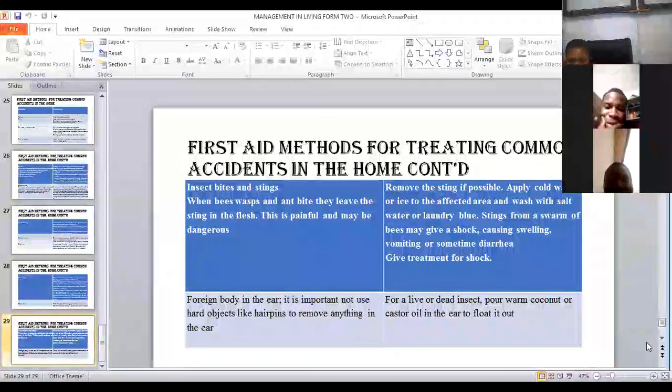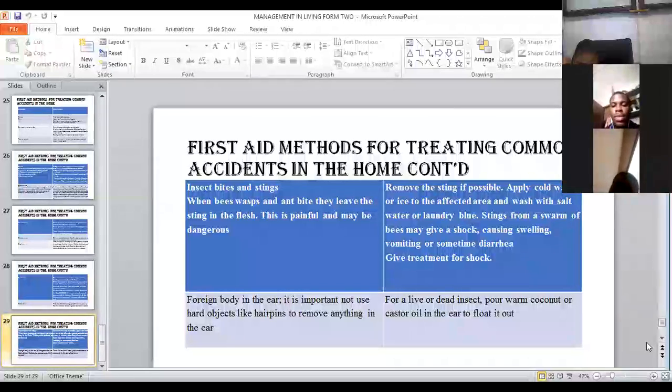So that one too, if you can have a way of removing the sting, fine. Sometimes if it is just an ant, you press the bitten area, a whitish substance will come out that will relieve the pain a bit. But as for bees, if they are in a group and they sting you, how do you do that? Madam, you don't do anything.